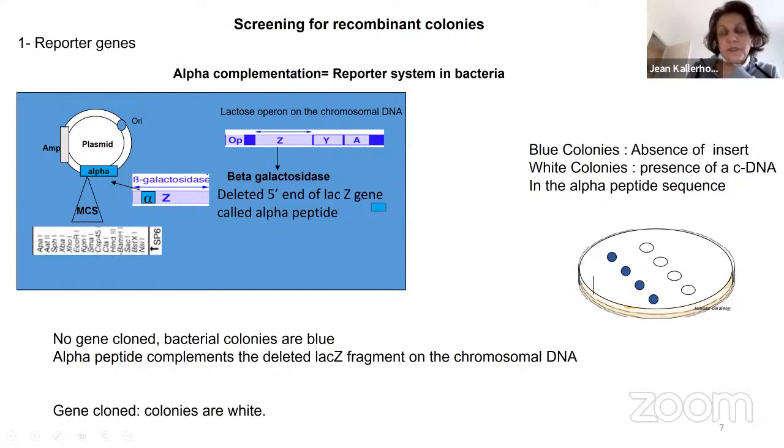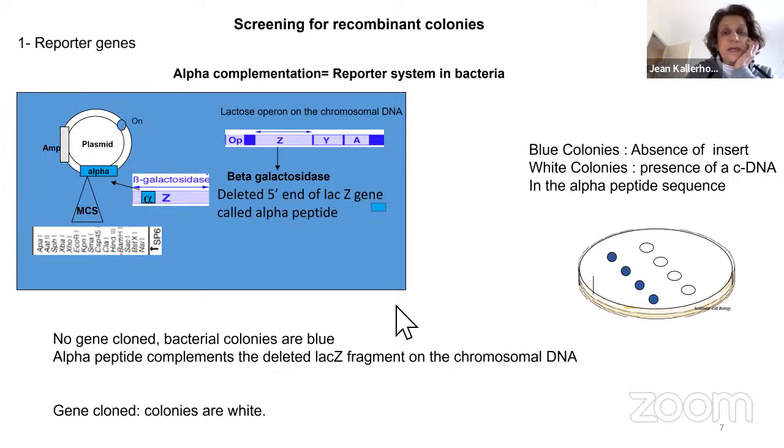The multiple cloning site contains a stretch of restriction enzyme sites. We saw it last time. Restriction enzymes are enzymes that cut specifically at double-stranded DNA sequences. Okay? So this is the basic structure.